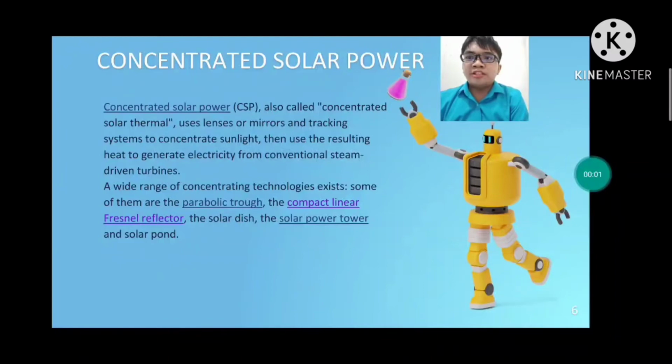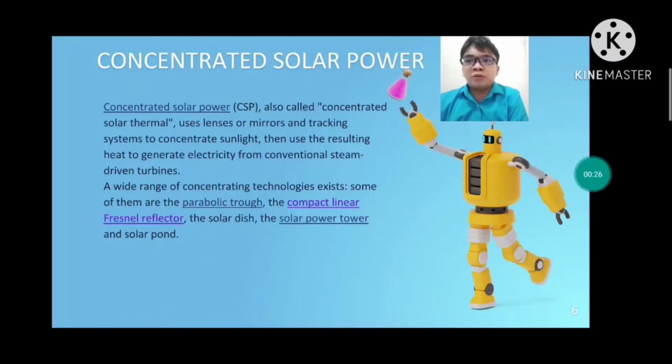So now let's discuss the other method of solar power generation, which is called concentrated solar power. Concentrated solar power is also called concentrated solar thermal, and it uses lenses or mirrors and tracking systems to concentrate sunlight and then use the resulting heat to generate electricity from conventional steam-driven turbines.